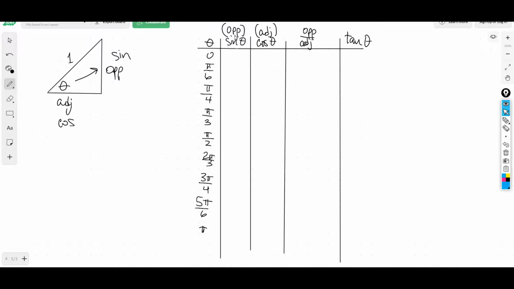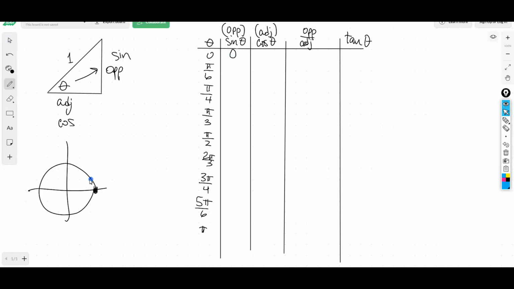So sine of 0, meaning my angle here is 0. If you remember the unit circle, it's this point right here. We're going to go through all the sine values first, then all the cosine values, then we're going to put them together as opposite and adjacent. So sine here, that's my height, that's 0.